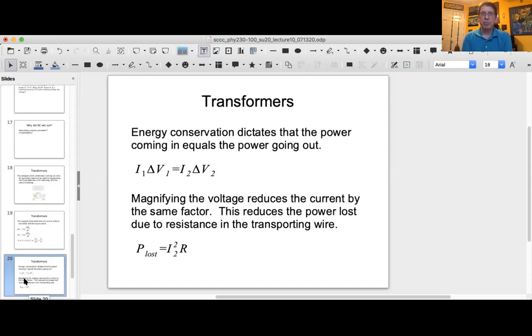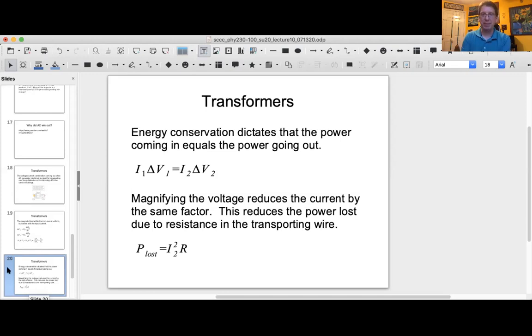And so the basic structure of the grid is like this. You have the power supply, the power generation. The first thing you're going to do is go to a step-up transformer that increases the voltage and reduces the current. And that makes it suitable for traveling a long distance.